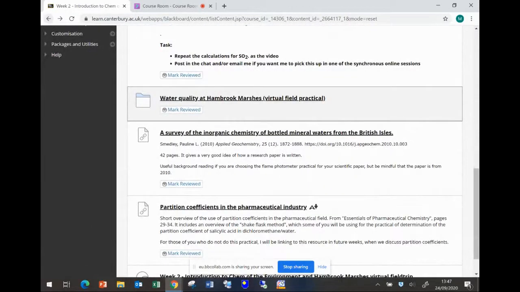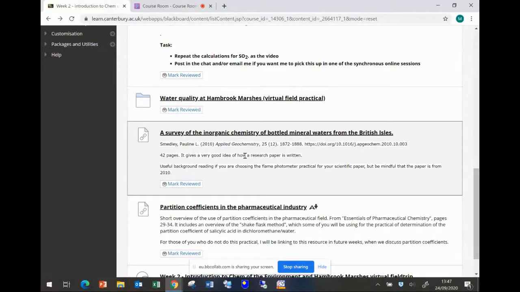You've got a link to a 42 pages draft of a research paper published in 2010. The paper itself in Applied Geochemistry is not freely available, but the draft is in a repository.